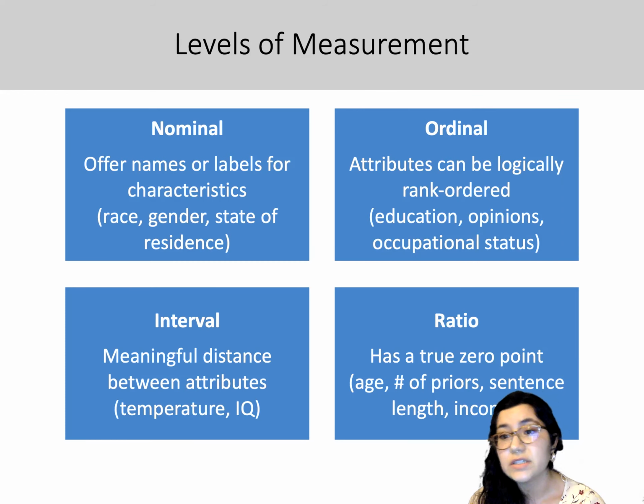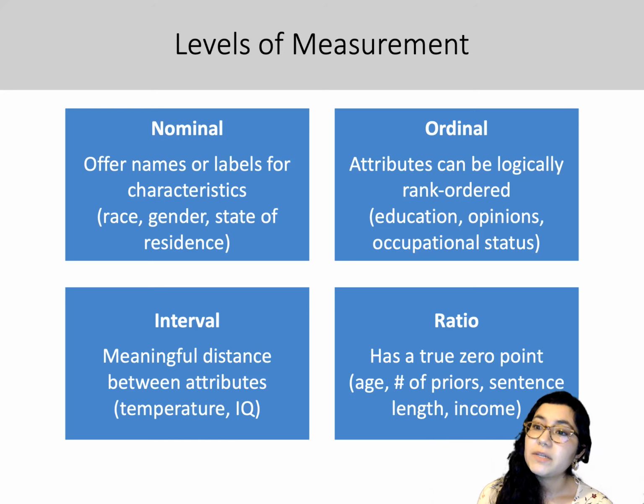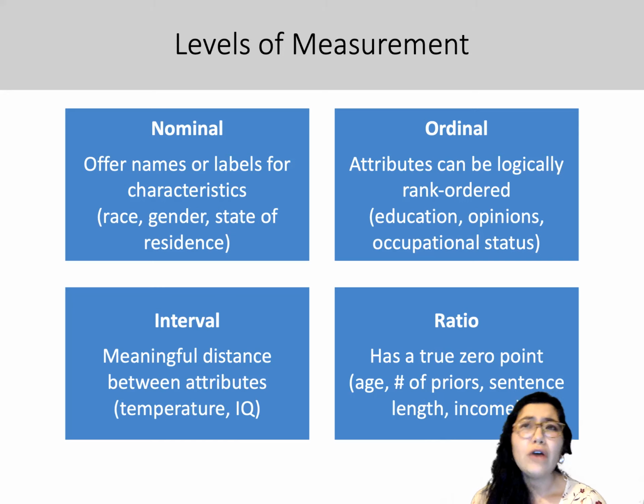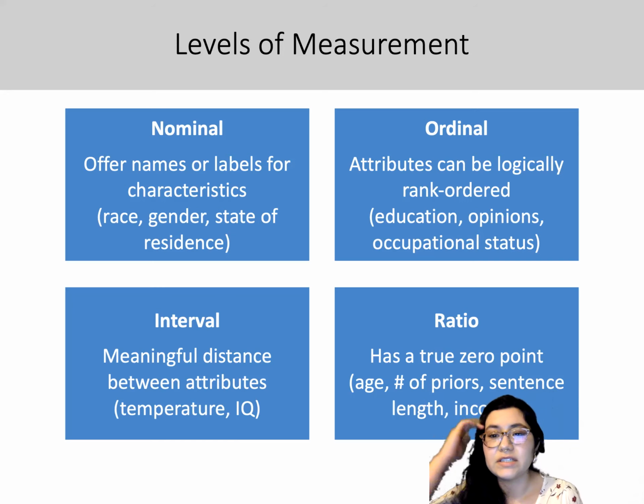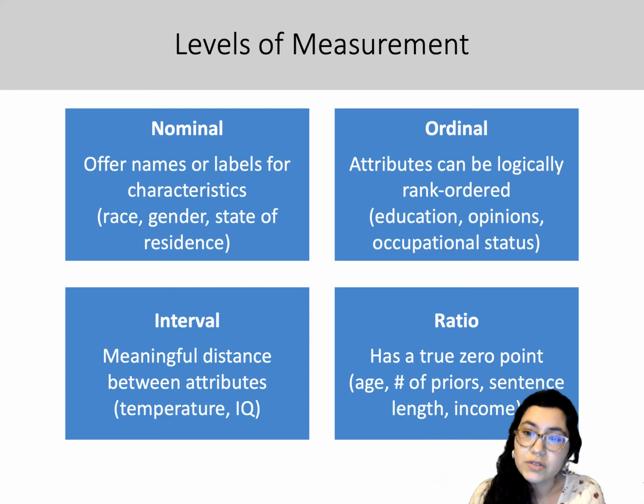So education, there are different levels of education. Opinions, you might put opinions on a Likert scale. A Likert scale is something you see in surveys you take where it's like, how likely are you to do this? Very likely, less likely, extremely likely. And so there's a range of possibilities that can occur, but there is an order to them.